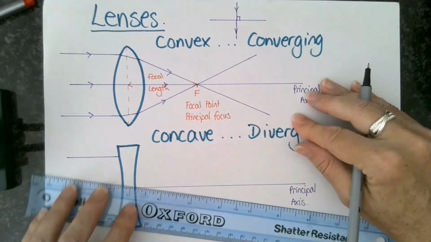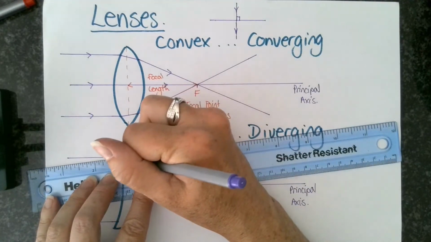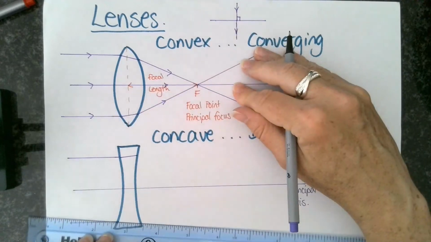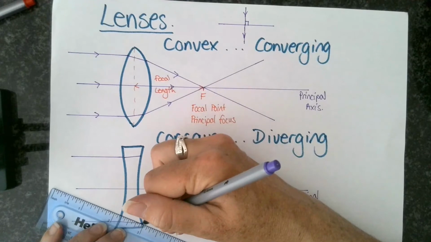Okay, and they are refracted as they enter the lens, and then, so let's do that both sides, and then refracted again as they leave.